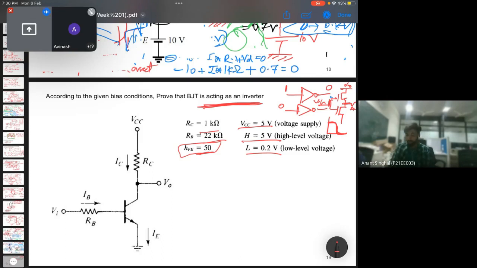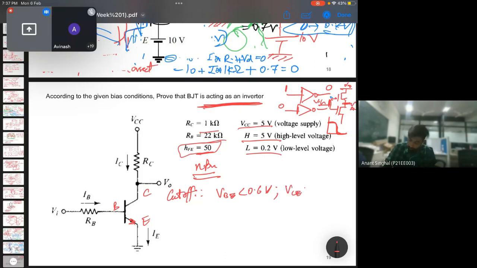For that we must know some equations or the conditions or regions that a BJT has. So let me try to wrap up. This is an NPN BJT, since the arrow is outside. For an NPN BJT, it is in cutoff, where this is base, this is collector, this is emitter, when the voltage VBE is less than the pinch off voltage, which is 0.6, and the collector is open circuit.